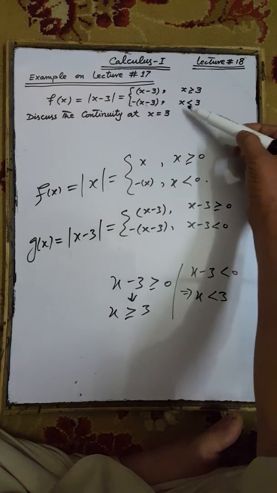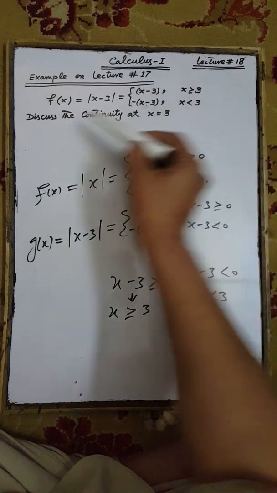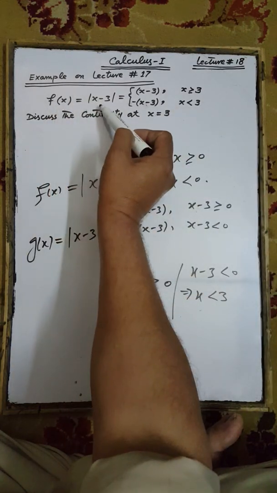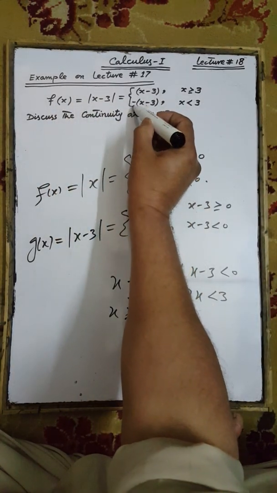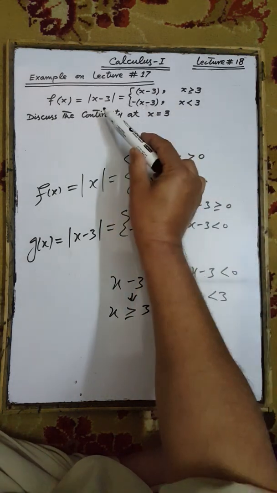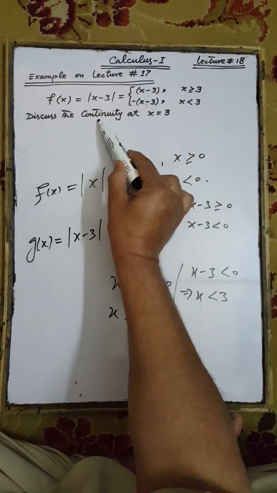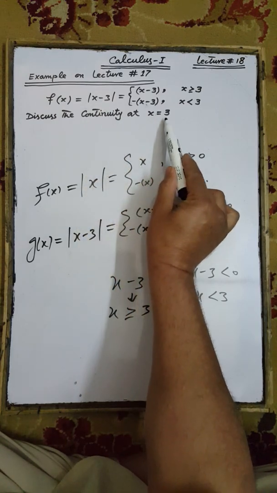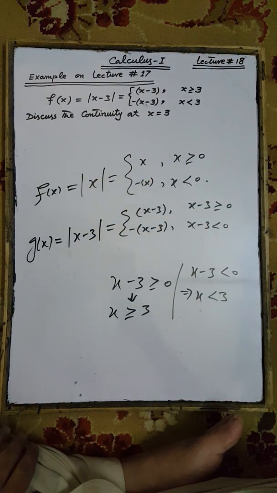When the value of the variable x is less than 3, then the value of the function |x minus 3| will be calculated as minus 1 multiplied by x minus 3. And we have to calculate the continuity of the given function at the point x is equal to 3.